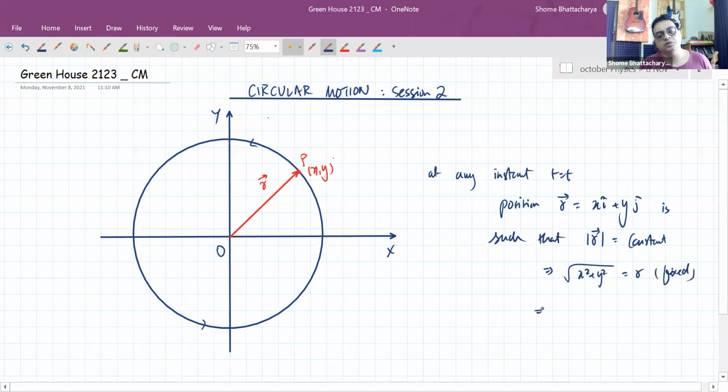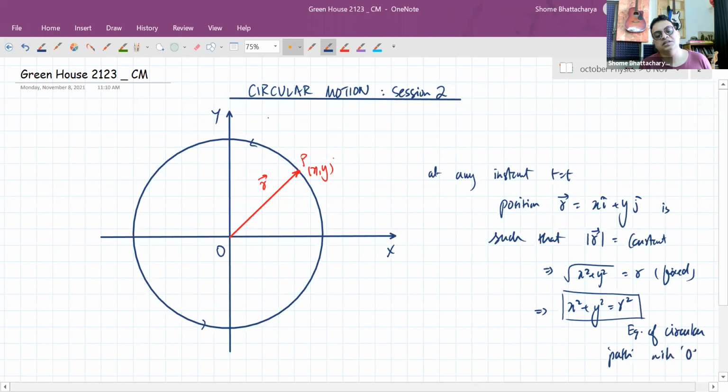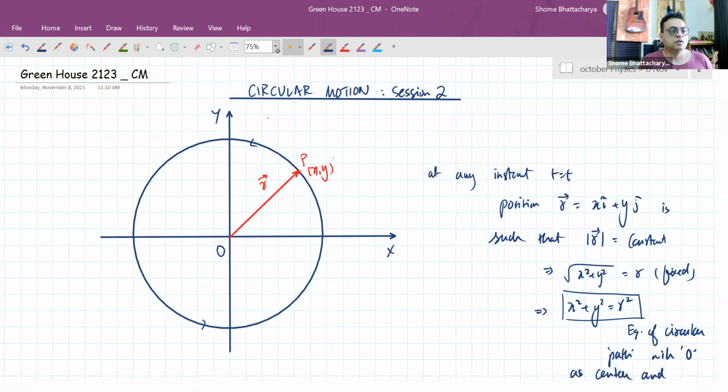So that becomes the equation of the circle. Or we can say the circular path with the origin as center, and the radius is r.